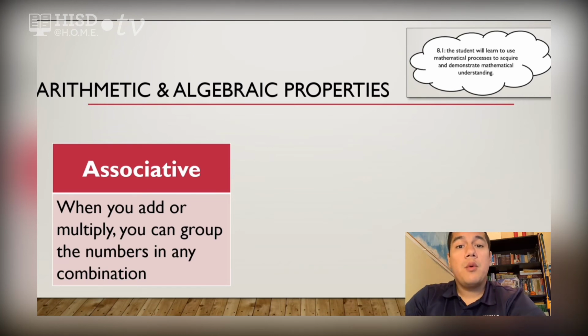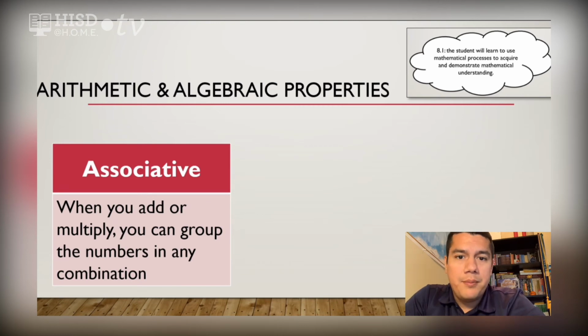The first one that we will discuss is the associative property. And this says that when you add or multiply, only those two operations, you can group the numbers in any combination and it will give you the same result.